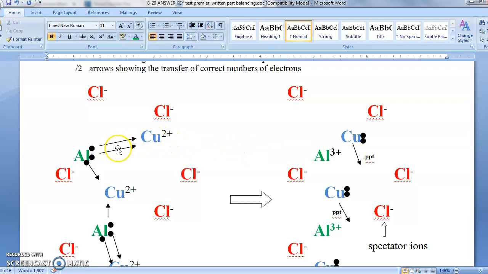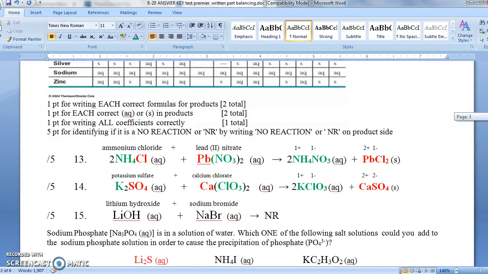Copper gained electrons from the aluminum. The aluminum started out with 3 electrons and lost those 3 as it became 3 plus. Aluminum went from neutral up to 3 plus. It was oxidized. Oxidized is loss of electrons or loss of control of electrons. Single displacement is oxidation reduction.